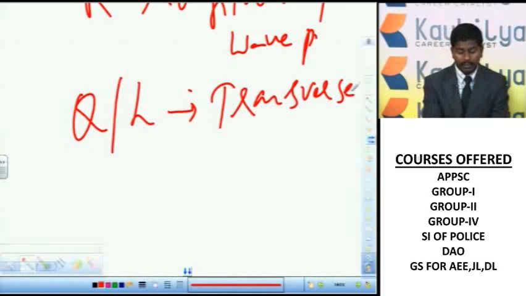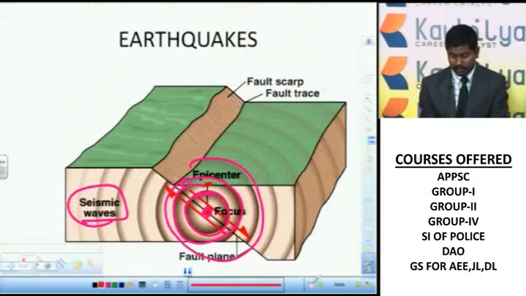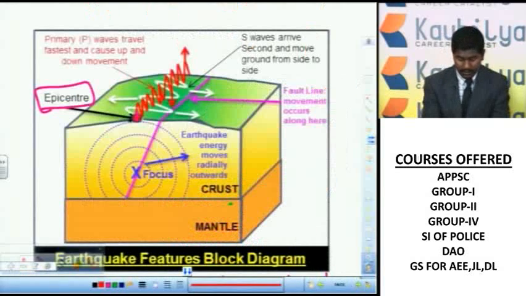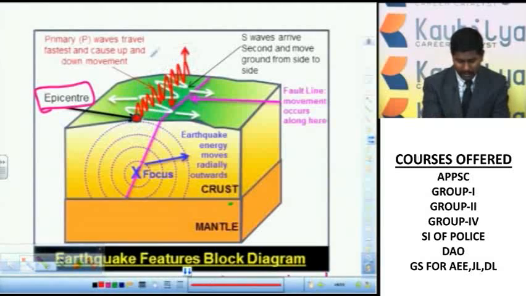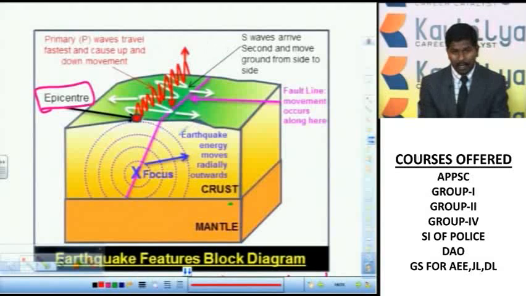So when these Q waves or L waves are passing through, see here in the picture, this is the propagation of the L waves or Q waves like this, to and fro. But this white color shows the propagation in the form of longitudinal wave propagation. This white color shows the R waves, but the waves which are up and down show the Q waves.